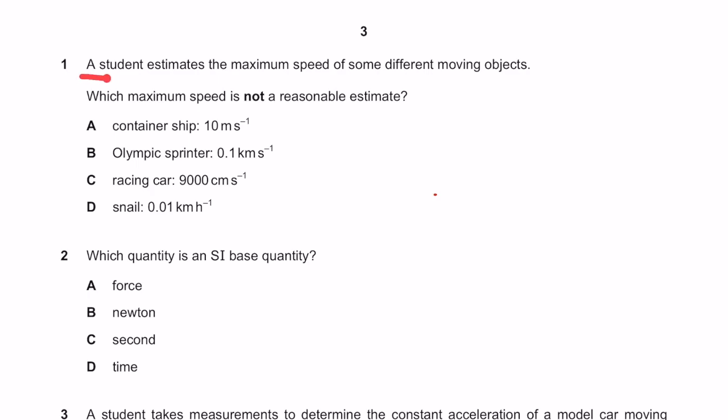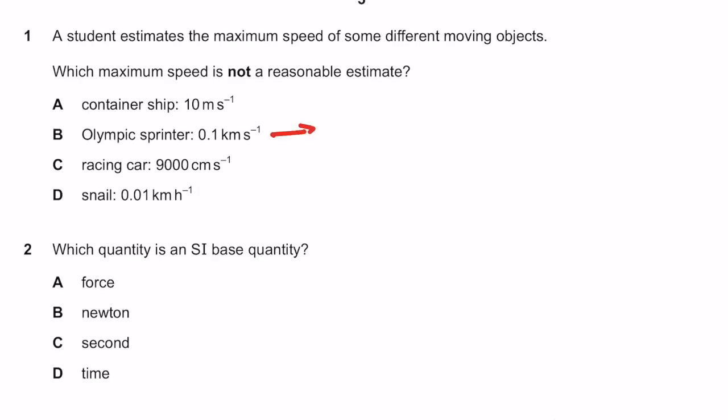A student estimates the maximum speed of some different moving objects. Which maximum speed is not a reasonable estimate? I know the sprinter's speed. The average Olympic runners run 100 meters normally in 10 seconds, right? Or a little below.